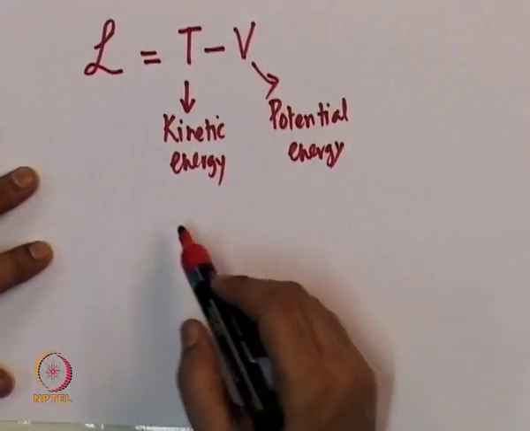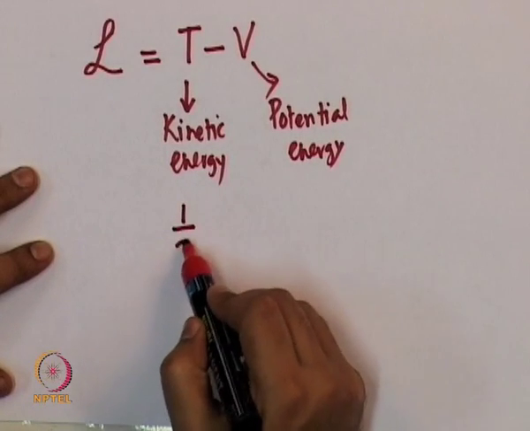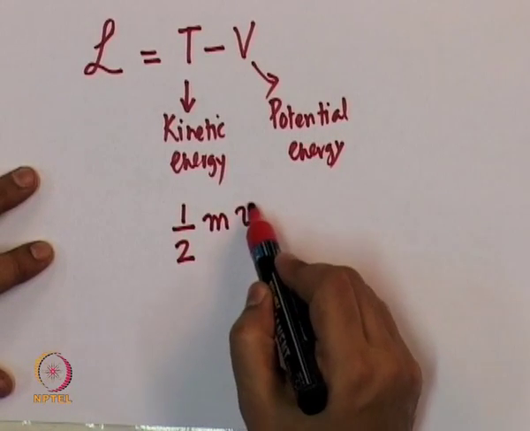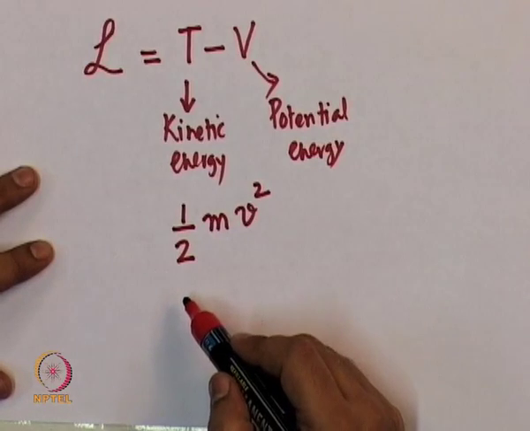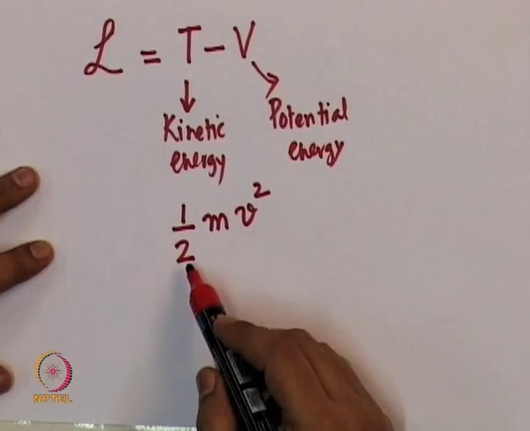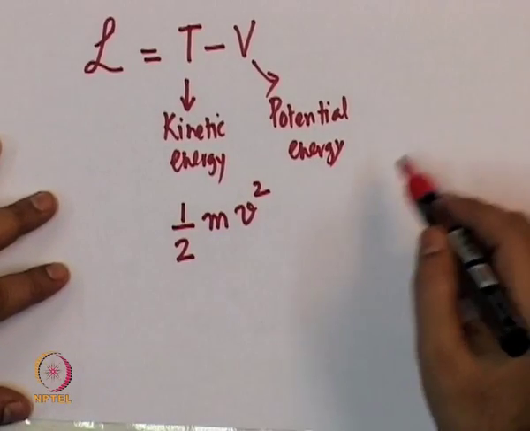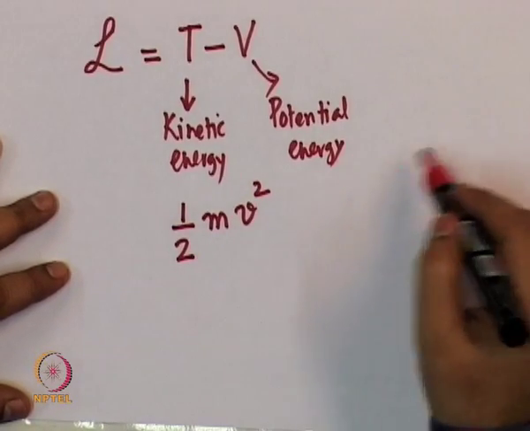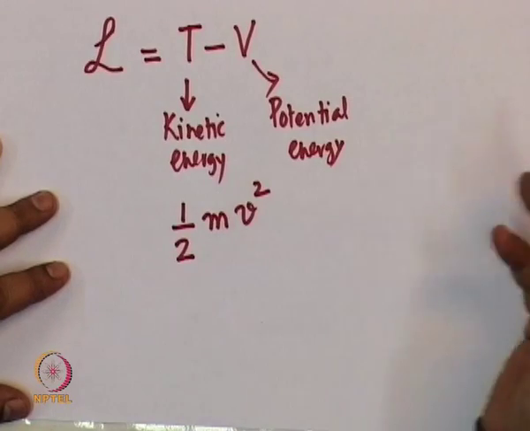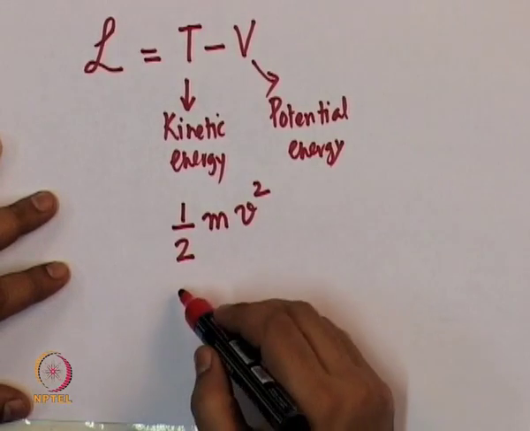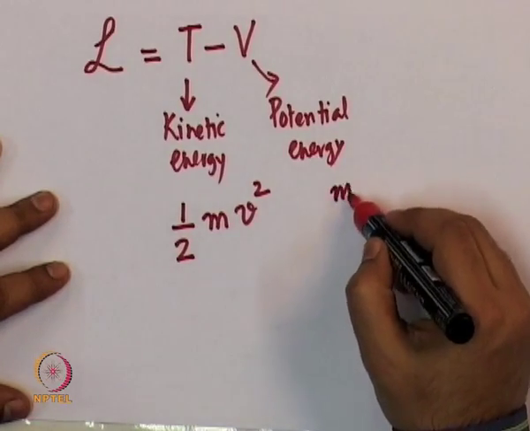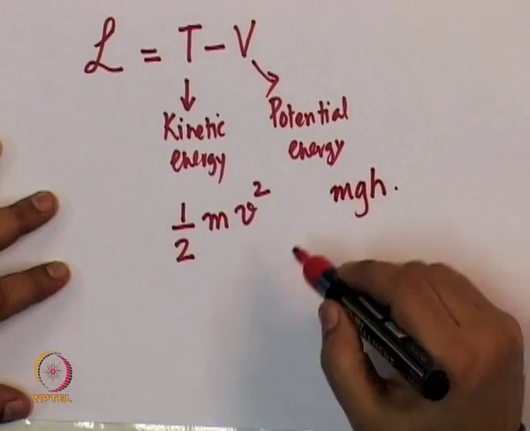Suppose you consider a particle, the kinetic energy of the particle will be half m v squared, and potential energy is typically a function of position, right. For example, if you are considering the gravitational potential, then depending on the height of this particle with respect to some reference, if it is h, then you will have the potential energy as mgh, for example.